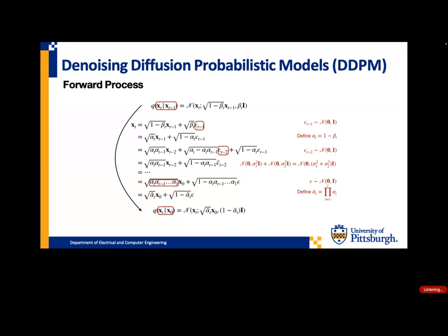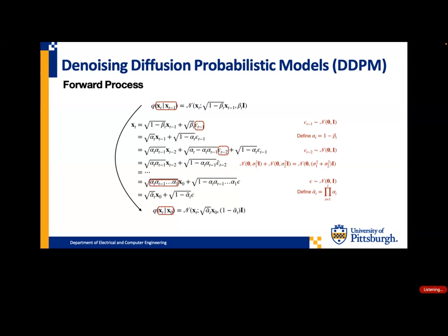For this Gaussian noise, you can combine these two terms based on this equation. Basically, if you have distributions like this and this, it equals the same data points, but the variances, the squares of the standard deviations, can be added together. So you can combine these two terms into this.